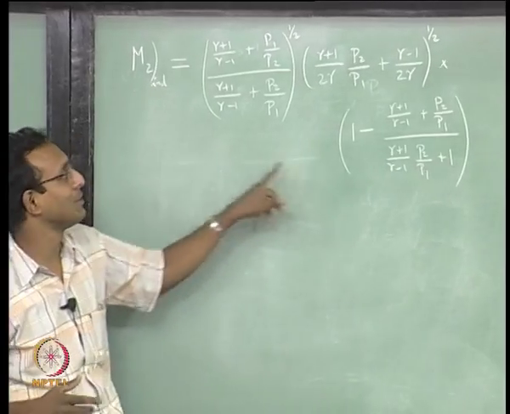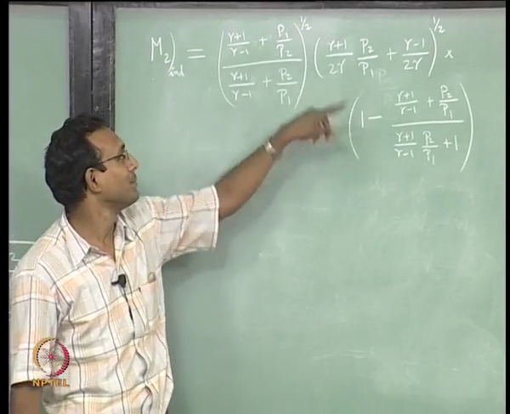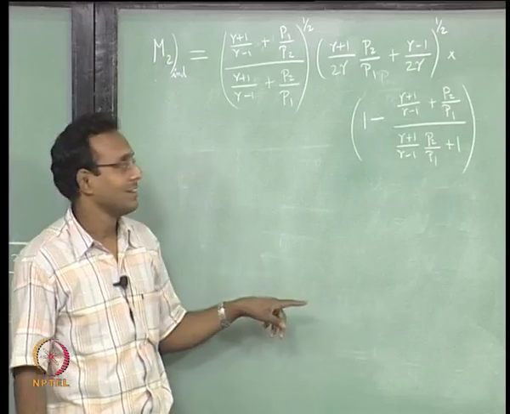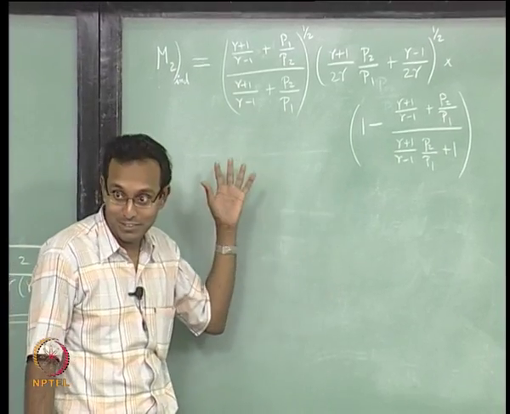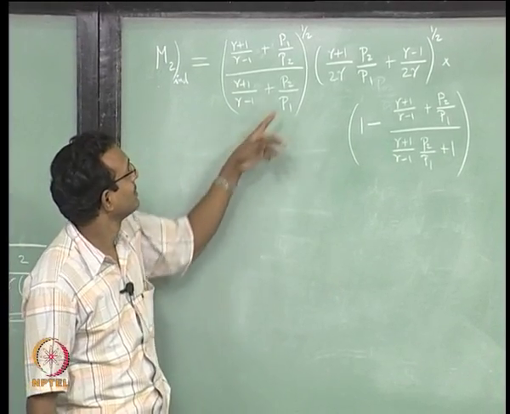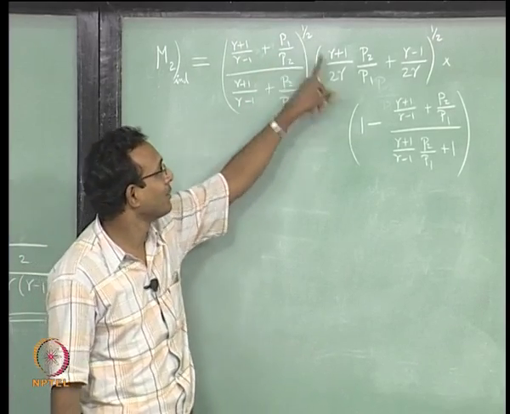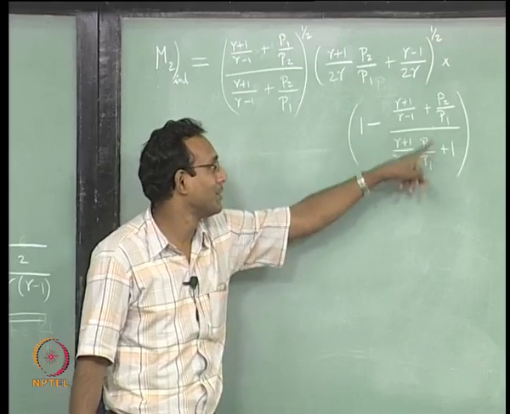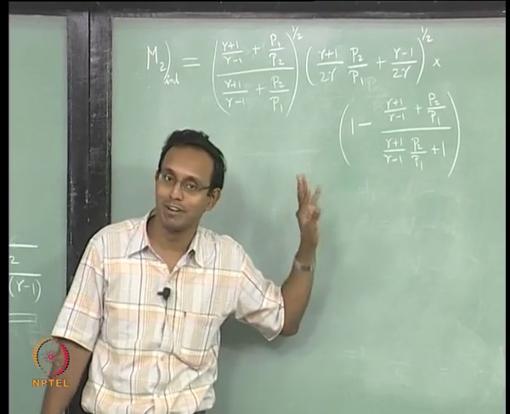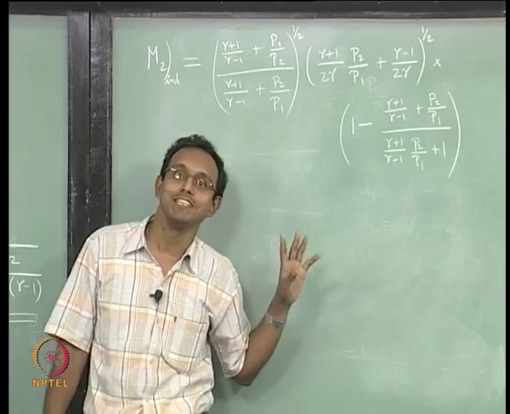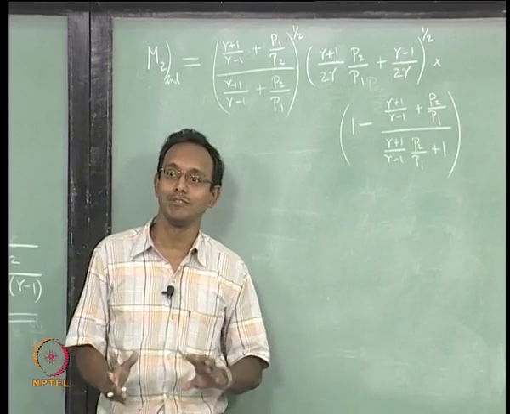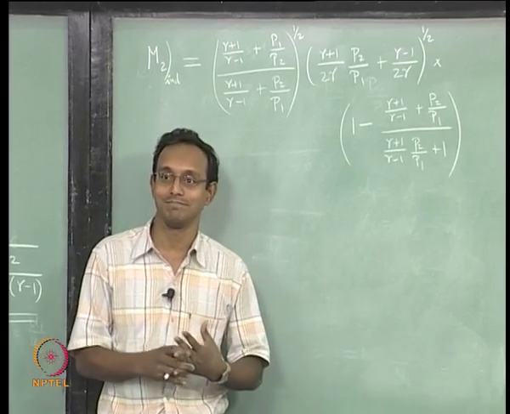I have to set this equal to 1 and find the P2 by P1 for that. I tried solving that from here, it is very complex, because it is P1 by P2, P2 by P1 to the power half, again to the power half here, P2 by P1, P1 by P2, everywhere. Not easy to solve, so I resorted to a graphical way of doing things.